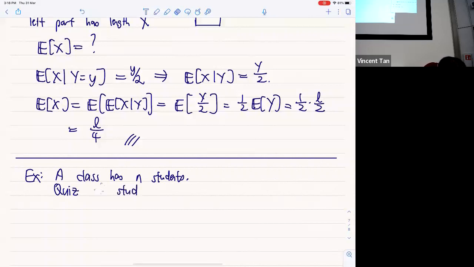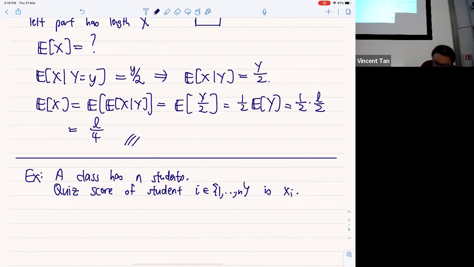The quiz score of student i, where i is a number from 1 to n because there are only n students, is xi. So for example, Valencia did very well. The quiz score is 29 out of 30, that's xi.